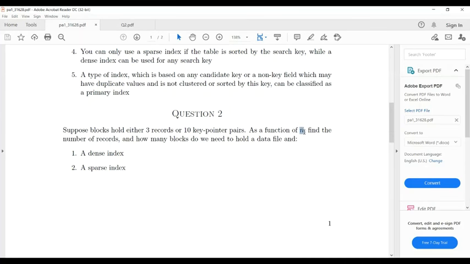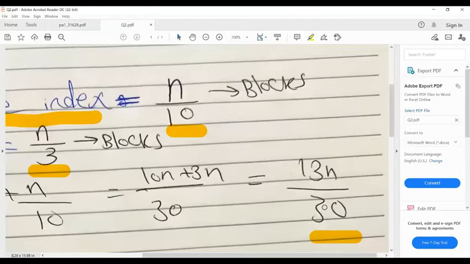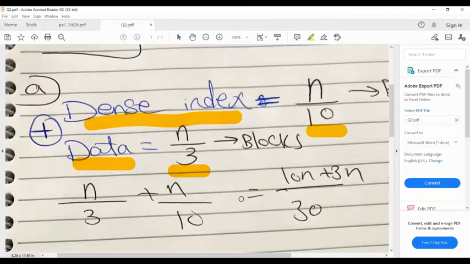In the dense index, I need to reference the n records. However, in the sparse index, I will need to reference the number of blocks. And I know how many blocks we need to hold the data file: n/3 blocks. And I need a single record per block to construct the sparse index.